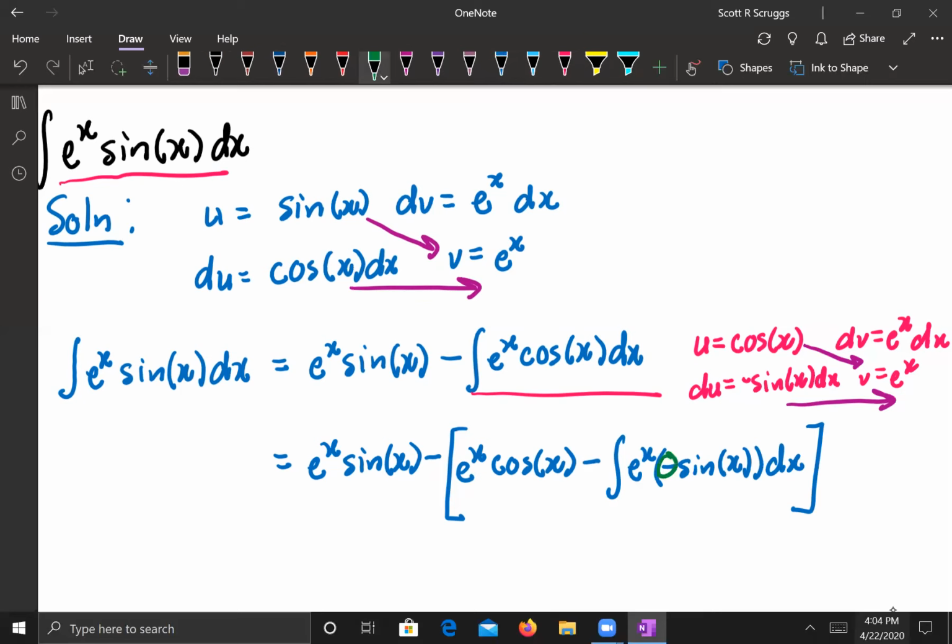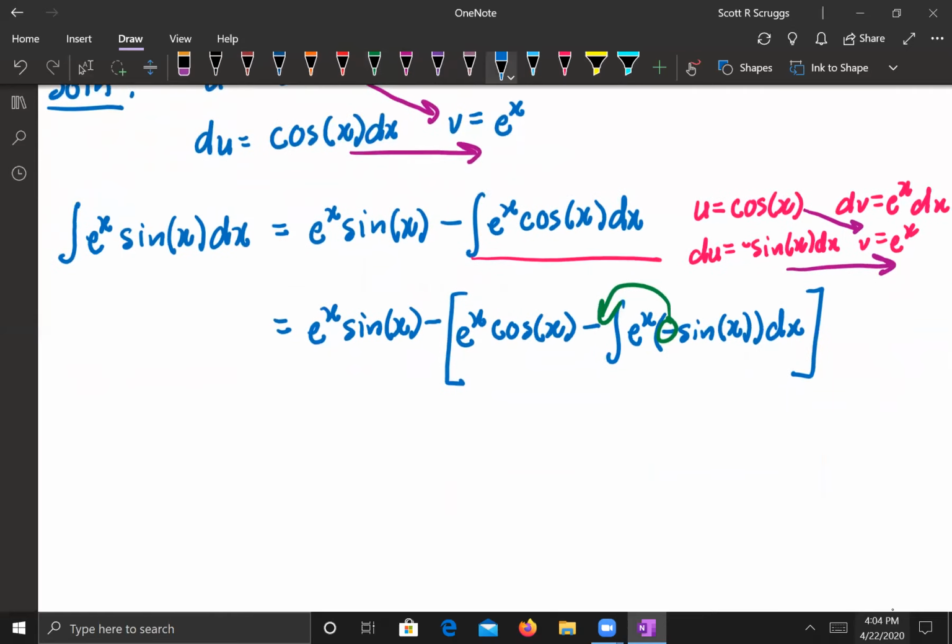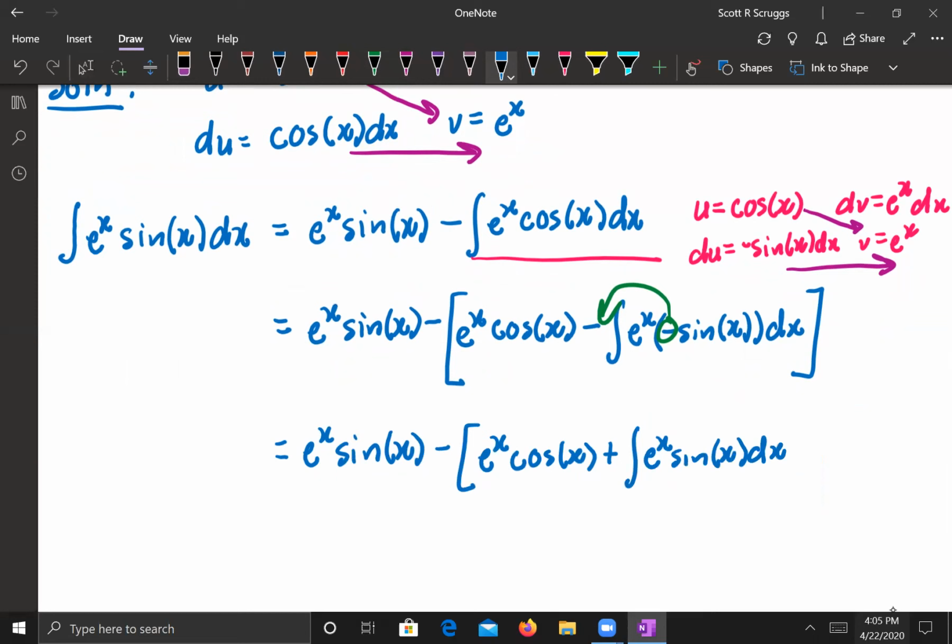I have a negative sign here as a constant in my integral. So properties of integral tell me I can factor that out, and I get e to the x times sine of x minus e to the x times cosine of x plus the integral of e to the x times sine of x dx.